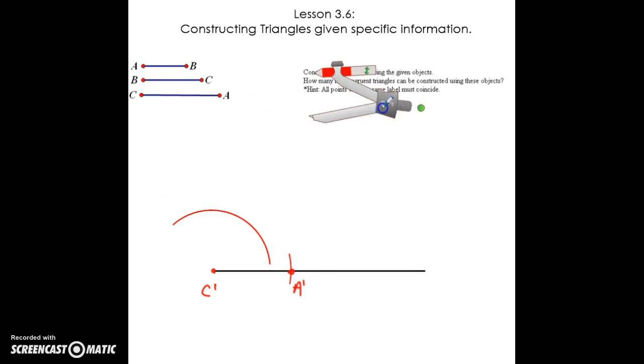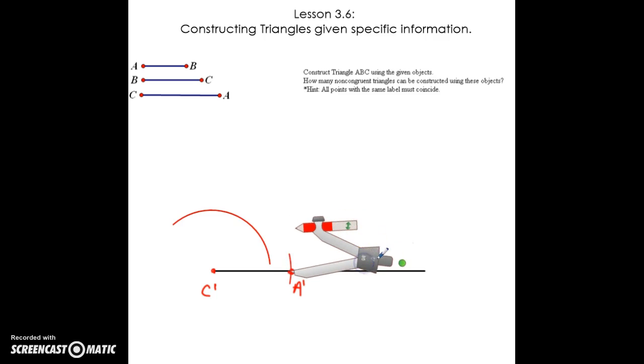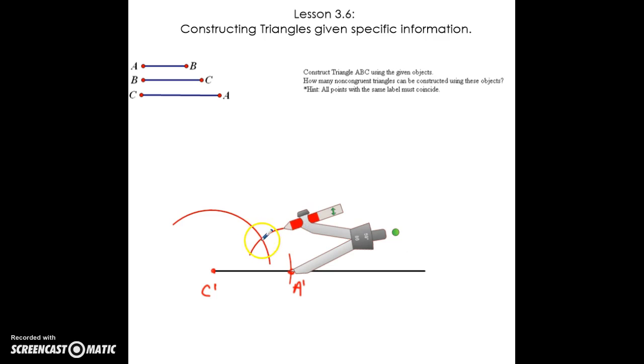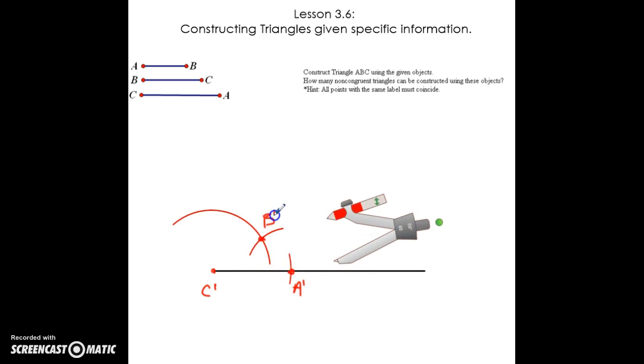Bring that measurement down to corner A. And I'll draw on an arc mark, and where it crosses the other one, that would have to be where point B is, because that's the correct distance away from C and from A. And then I'll just take my straight edge, connect from B to C, and B to A. And I can mark all of these sides as congruent, so maybe 1 hash mark here, 2 here, and 3 here.